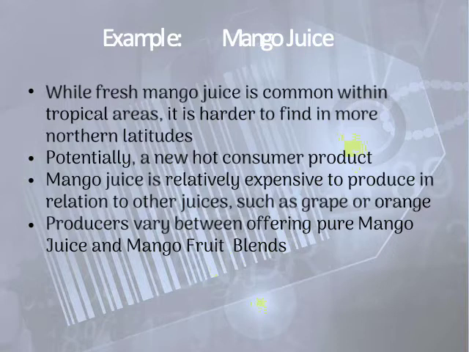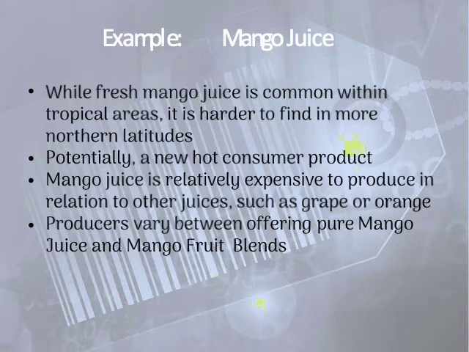Okay, so here are some facts about mango juice. While fresh mango juice is common within tropical areas, it is harder to find in more northern latitudes. And that is a fact because mango tends to thrive in tropical areas, since it is a fruit that likes heat.